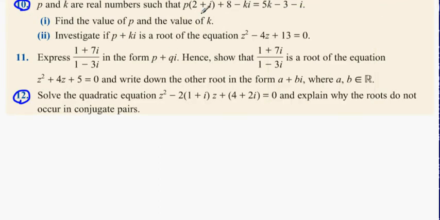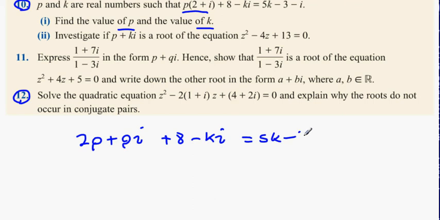Okay, so p and k are real numbers such that p multiplied by this plus 8 minus ki equals 5k minus 3 minus i. Find the value of p and the value of k. And this is going to be 2p plus pi plus 8 minus ki equals 5k minus 3 minus i.